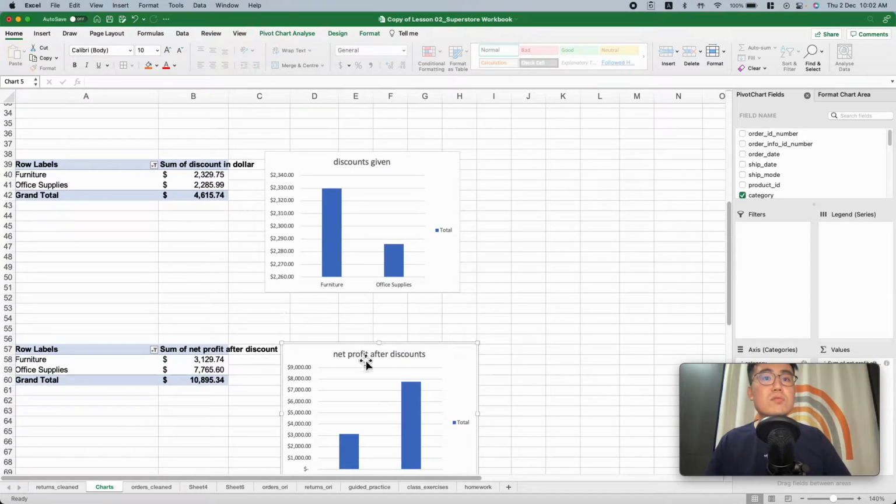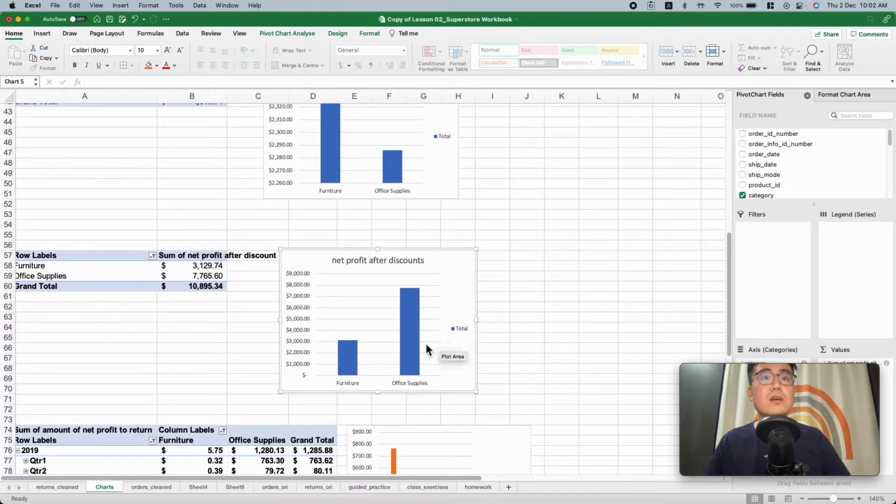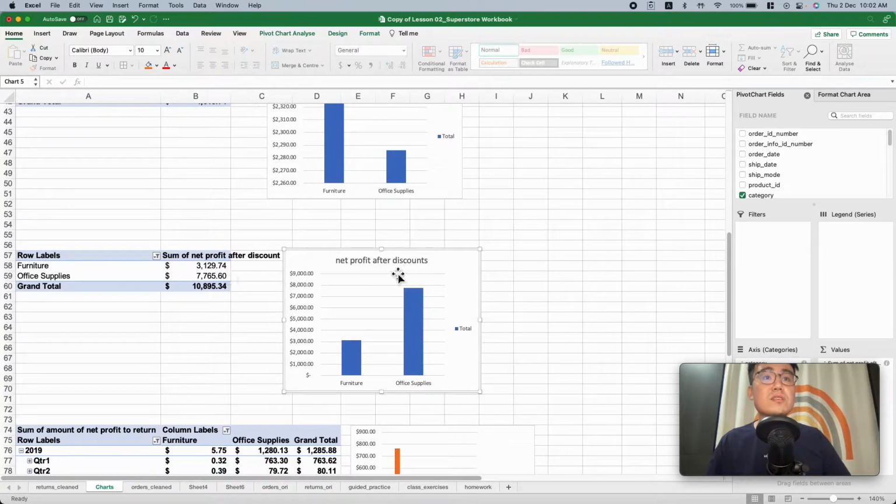That comes down to the net profit after discount, and the total sum will be roughly around 11,000. So this net profit is after the discounts given by the sales rep. Net profit for year 2019 Central America furniture and office supplies.